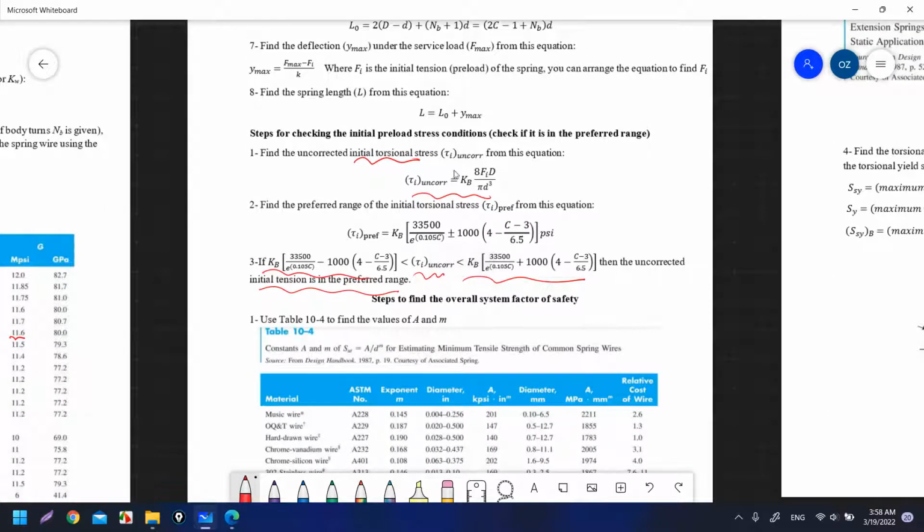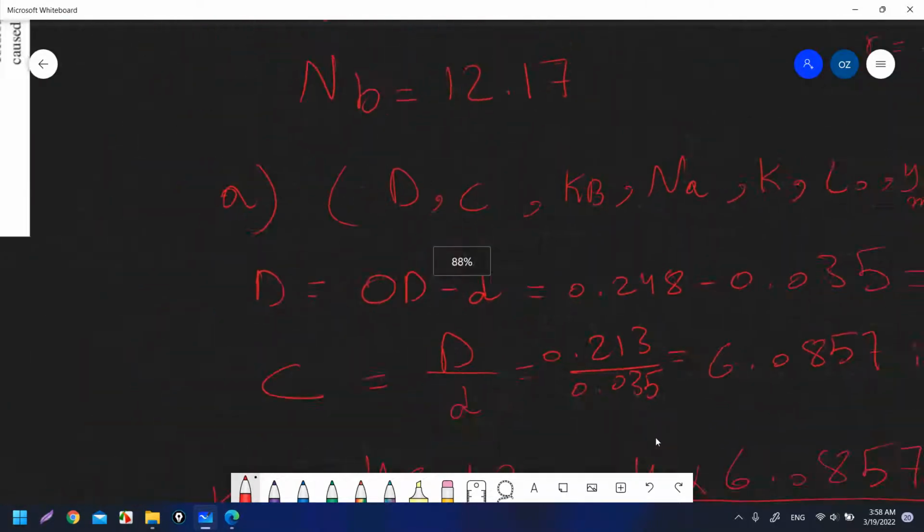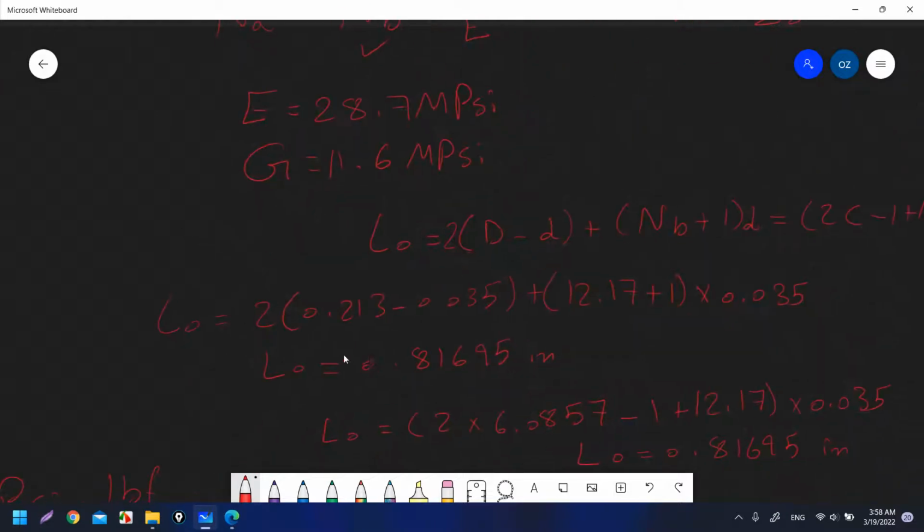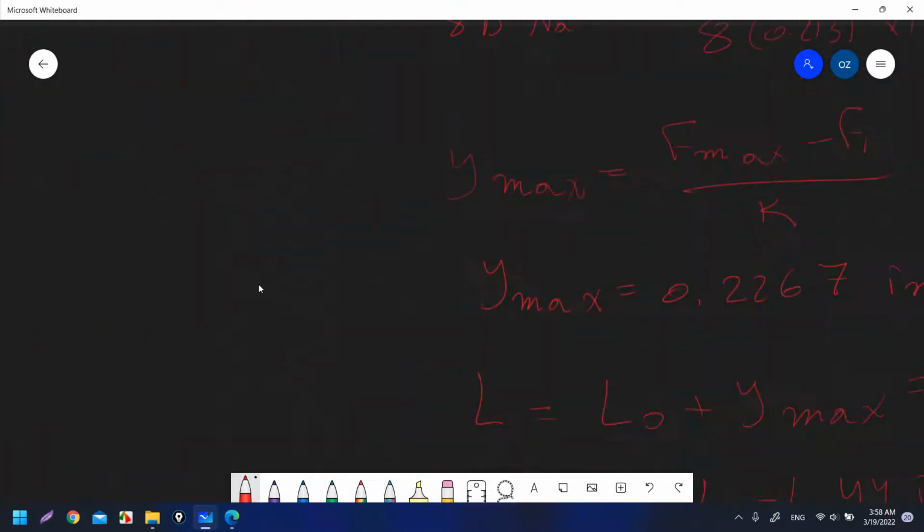So let's first find the initial torsional stress. As you can see, all of them contain KB, the correction factor for curvature, so I can cancel this one for now and just compare them with these equations. Let's first find our torsional shear stress.